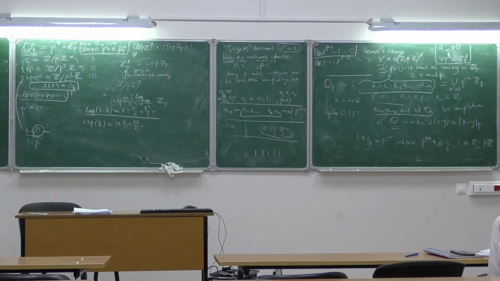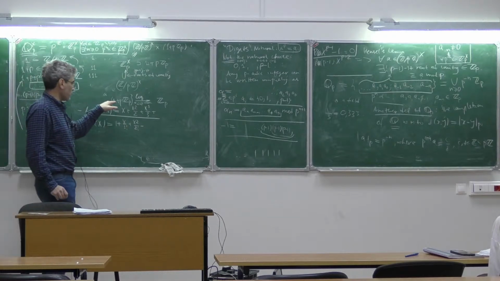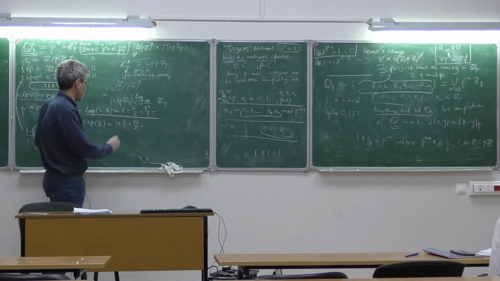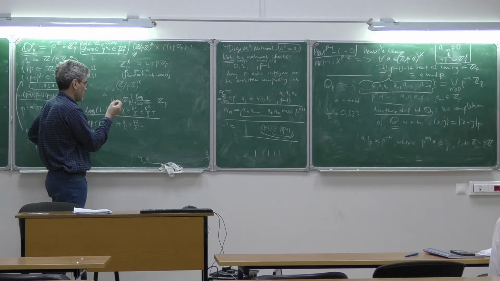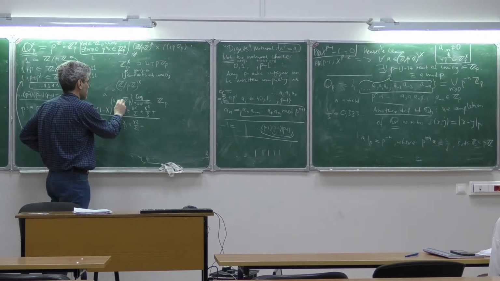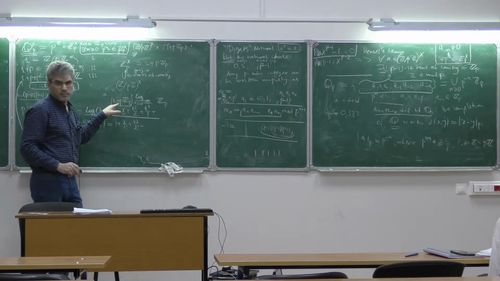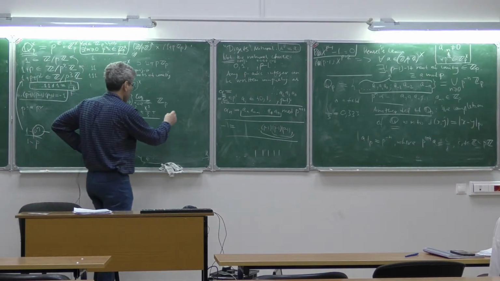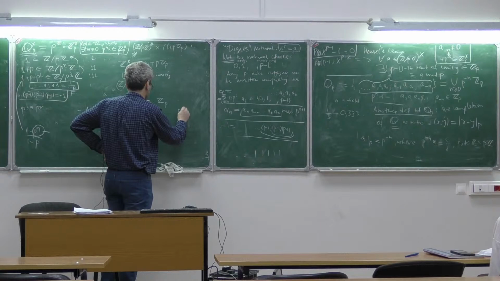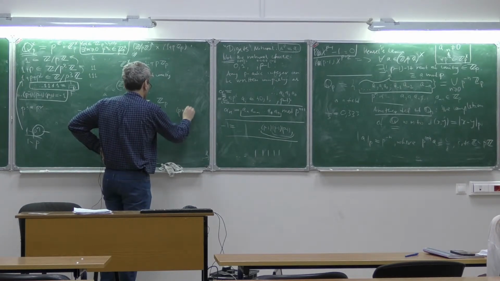So what can you say about x here? X is not completely arbitrary. It is divisible by p, and that's already good. Consider w to the n over n.